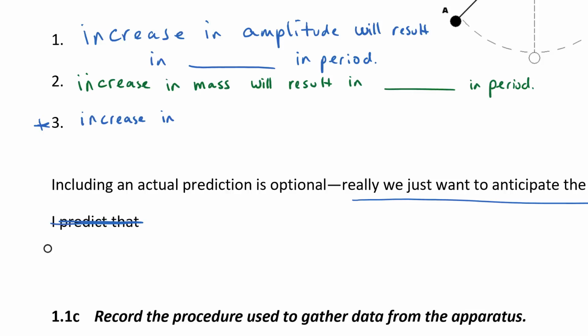The point is not to make a correct prediction. The point is to think about what your hidden biases are, and to make sure that you allow the results, the data, to speak for themselves. Don't worry about getting your prediction right. Worry about getting good data.